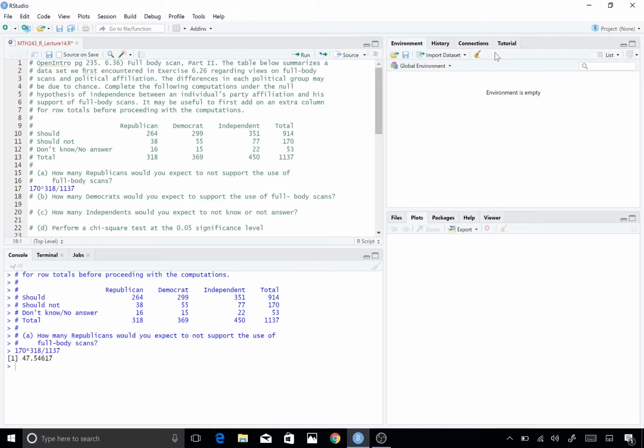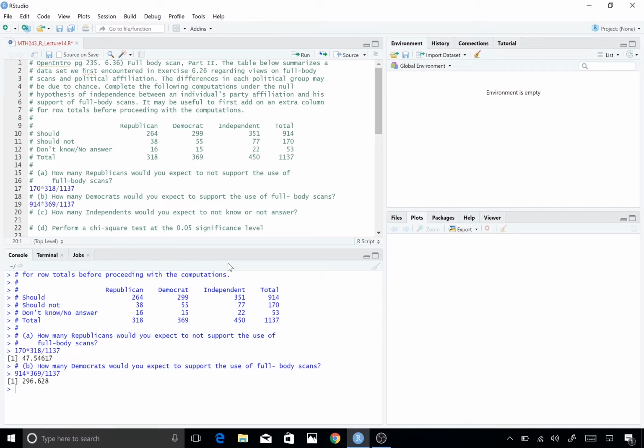How many Democrats would we expect to support? That's first row, second column. Row total is 914 times column total, 369, divided by 1137. The expected count for this cell is 296.63.